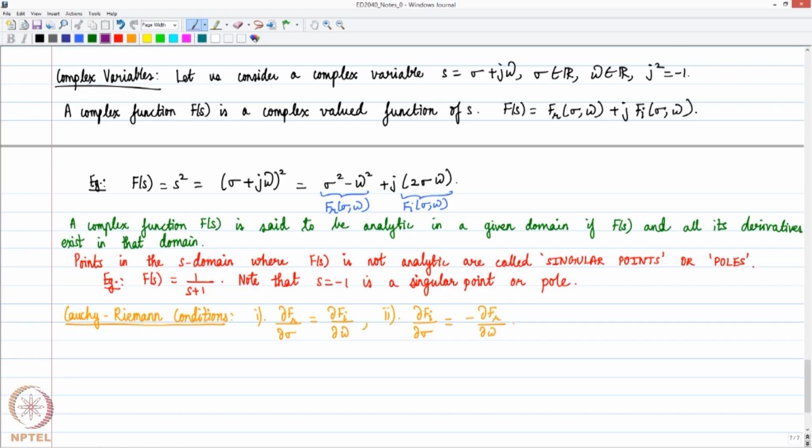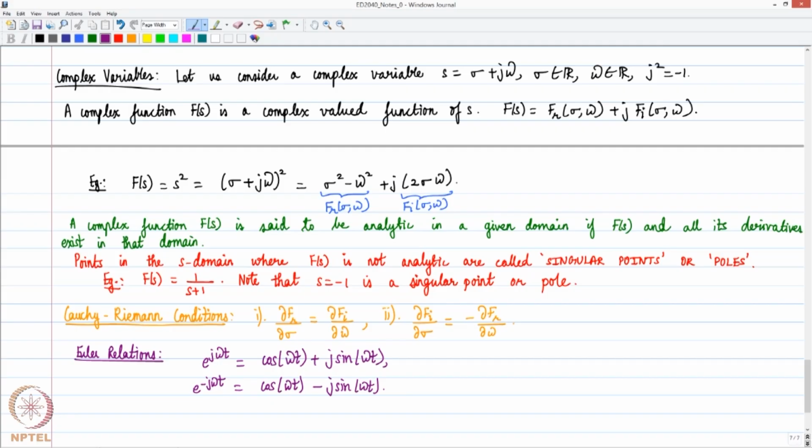And another set of equations. Once again, as I told you, I am just recapping what we would have already learned in a basic course in engineering mathematics. I am only writing down whatever is relevant for our course, which we will use as we go along. So, what are called Euler's relationships: if I have a complex exponential, e power j omega t, I can rewrite it as cos omega t plus j sin omega t, and e power minus j omega t is equal to cos omega t minus j sin omega t.